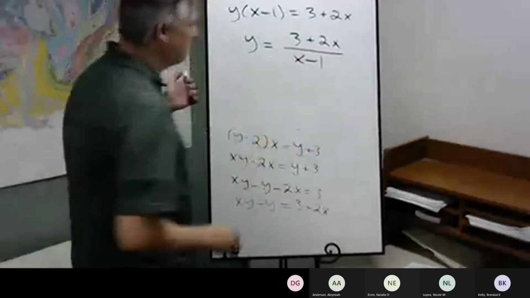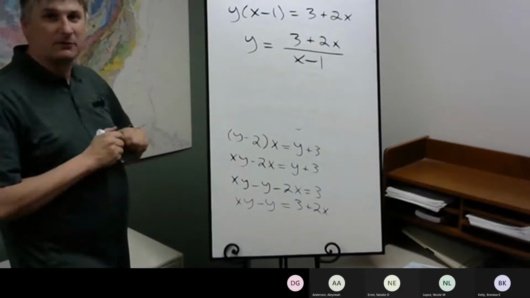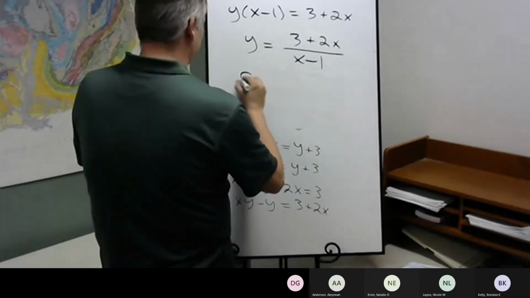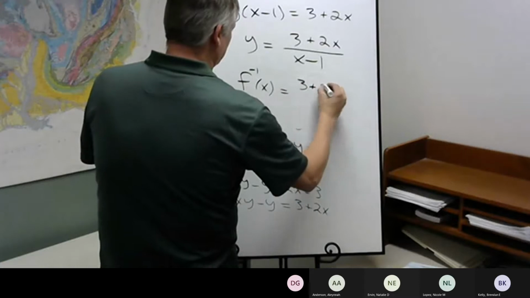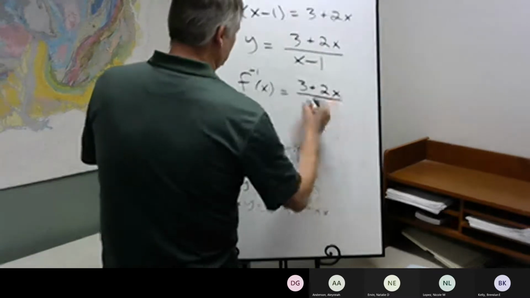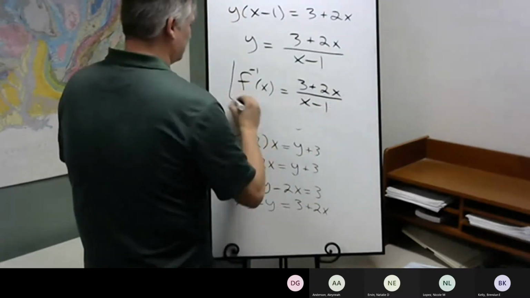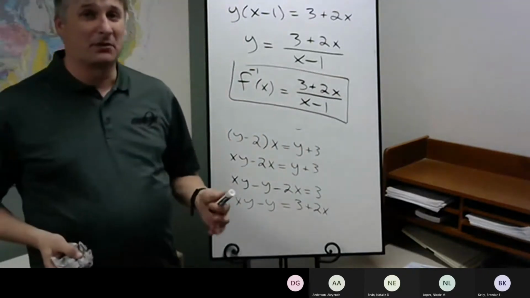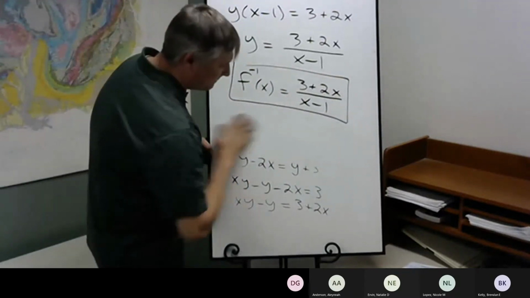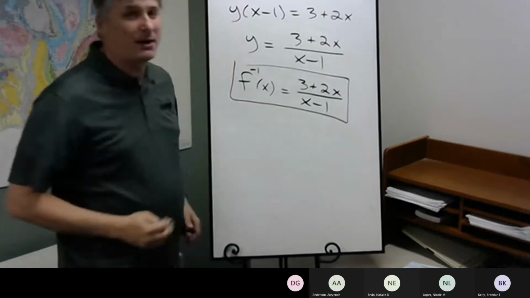And then finally, we relabel this as f inverse. And so that would be our answer. So any questions about that?